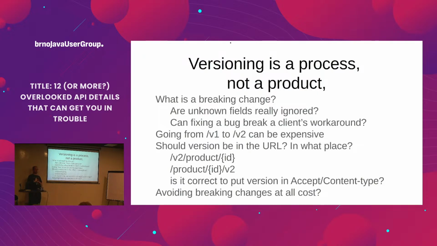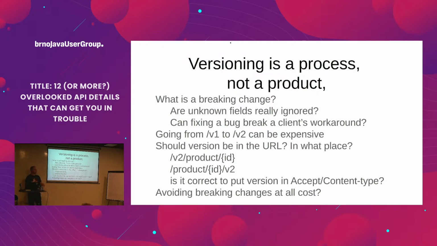I've seen so many projects that claim they use Scrum, but what they really do is very far from the original Agile manifesto. And the same goes for this process of versioning an API. You need to have really clear rules. What is the situation, and what does it look like when you really move from v1 to v2?